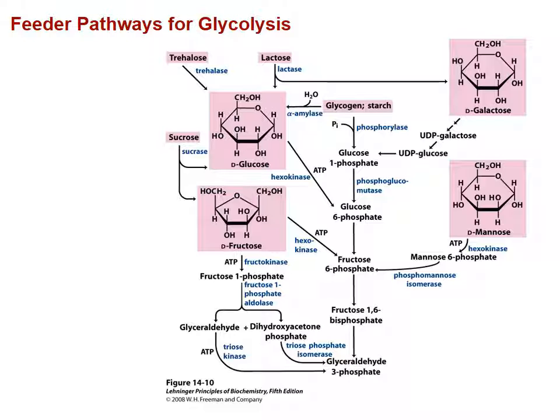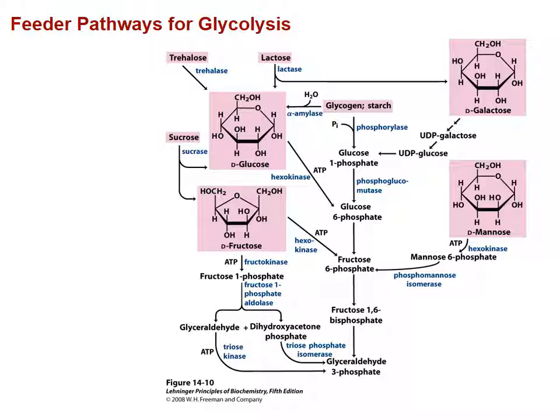These sugars can include complex molecules such as glycogen and starch, and smaller molecules such as galactose, mannose, fructose, sucrose. Of course, the most significant ones as storage polysaccharides are glycogen and starch. The disaccharides are maltose, lactose, trehalose, sucrose, and we have also monosaccharides such as fructose, mannose, and galactose.